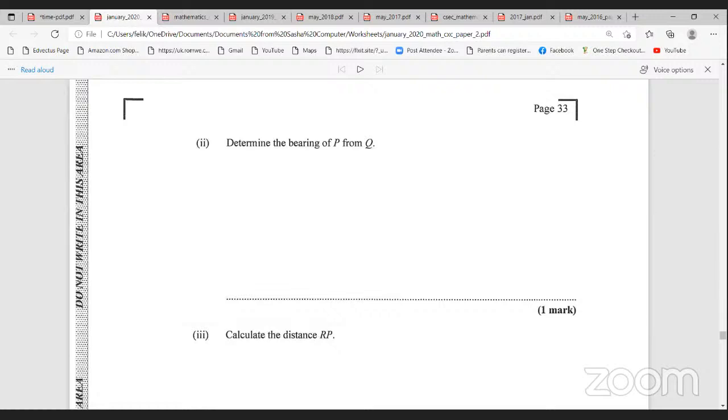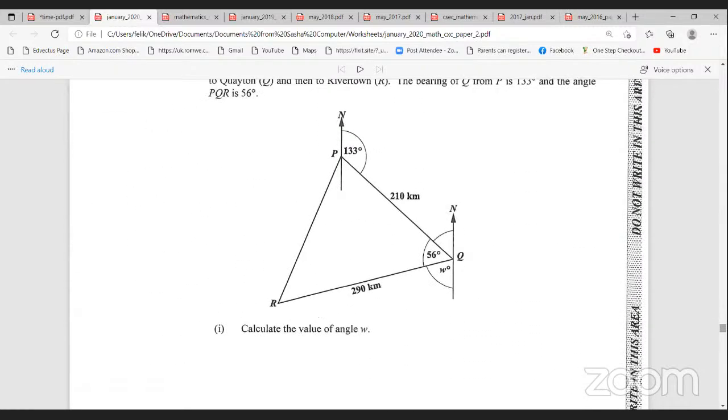Determine the bearing of P from Q. Anyone got that answer?